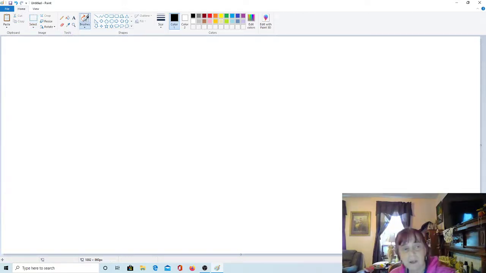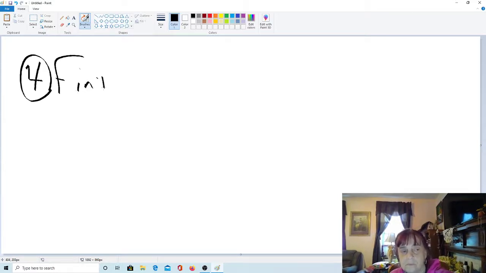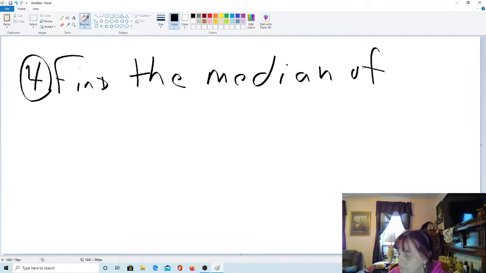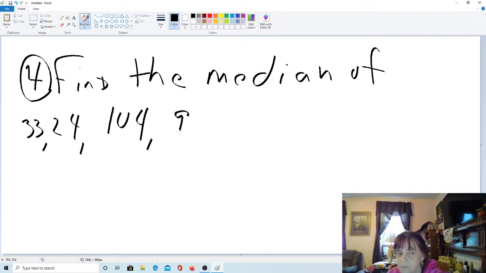Now, what if you want to find the median of another set? Okay, now you have to put those in numerical order.